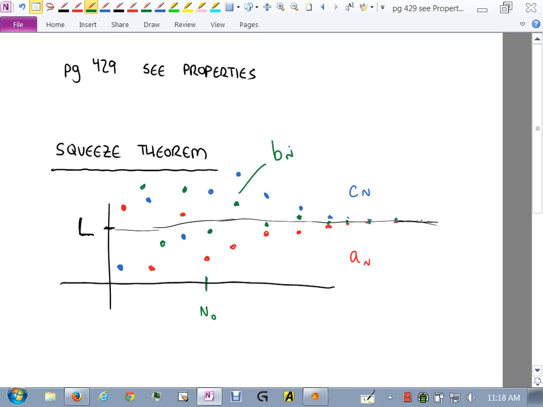Okay. So how can we use this to figure out some interesting example? Let me do one of these. Where's the one I wanted?